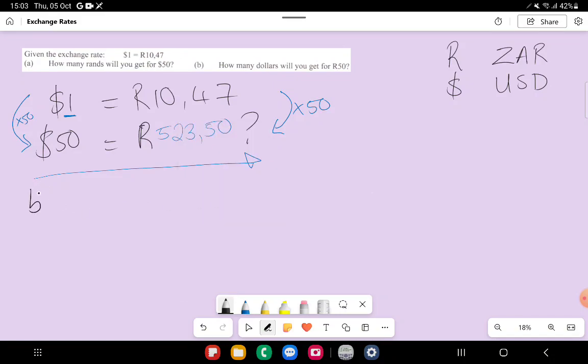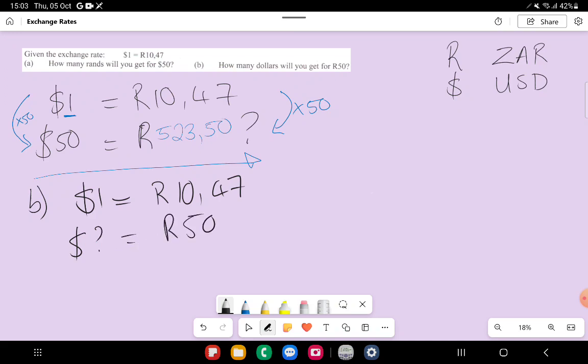Okay, question B says, how many dollars will you get for 50 rand? So if $1 is 10 rand 47 cents, how many dollars for 50 rand? Now, again, I said it's easier if this was sensible, right?